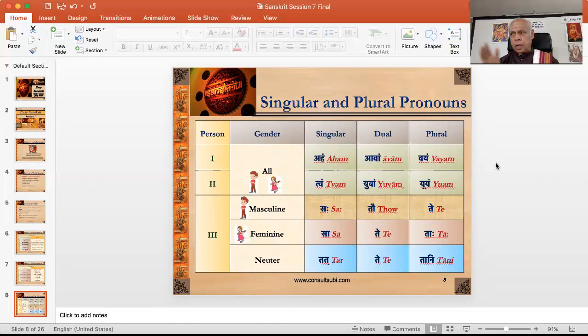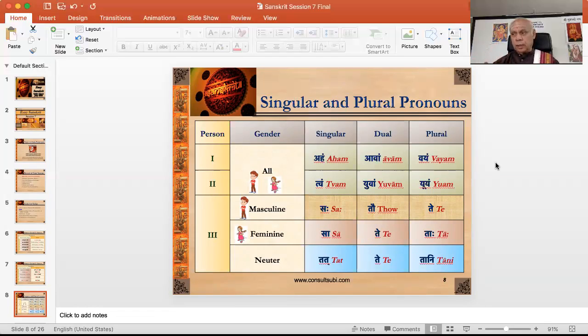Now genders are not really considered in the first and second person. It's applicable to all genders. But when it comes to the third person, the gender matters. Like you say saha, he. If it is a lady or a girl, you say sa.